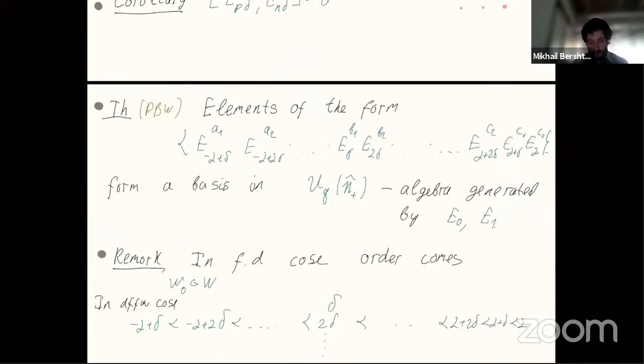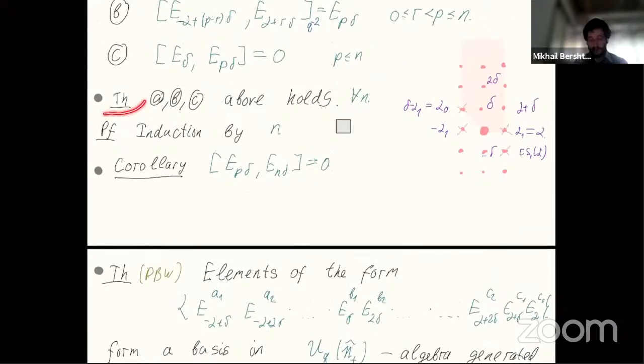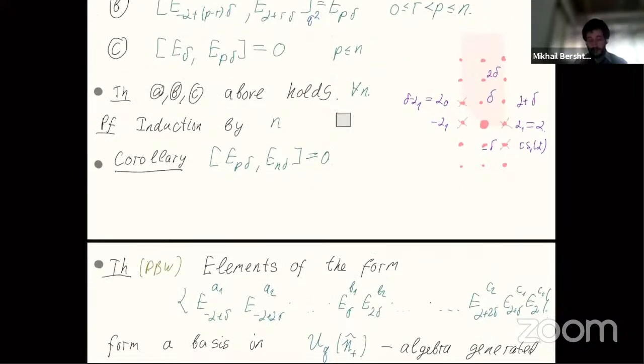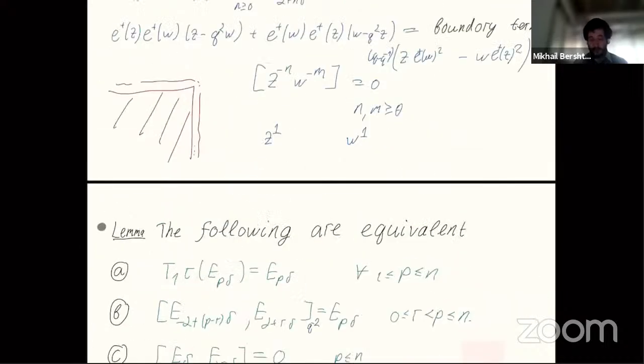I finished with this theorem. I didn't give the proof of the theorem, but it is not difficult. The main difficulty is here. For the proof of the theorem, one has to reorder elements. For example, for E alpha plus n delta with positive n, this is done using this relation.